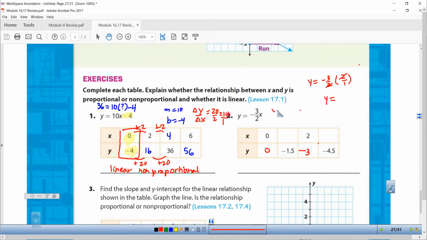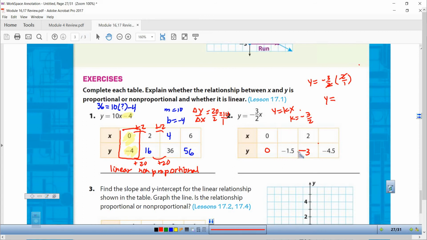Do you remember we have that y equals kx though, right? We talked about k is the constant of proportionality. So what does that tell us? That k is equal to -3 halves. There it is right there, y divided by x. So whatever this is, the relationship has to be the same.